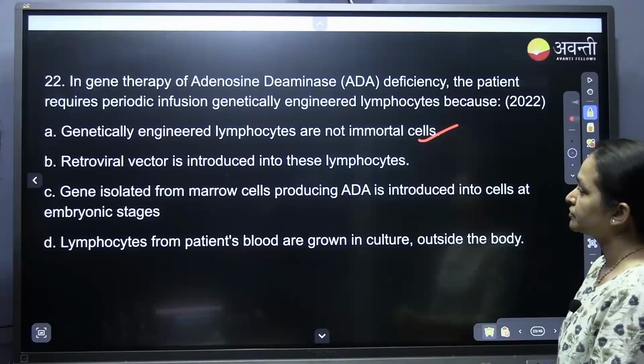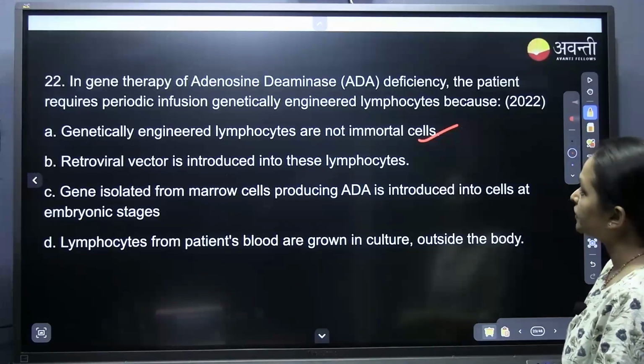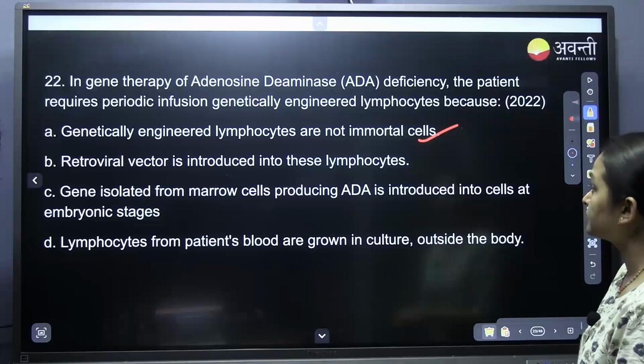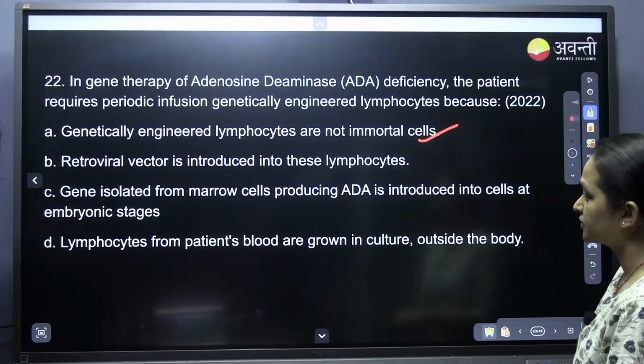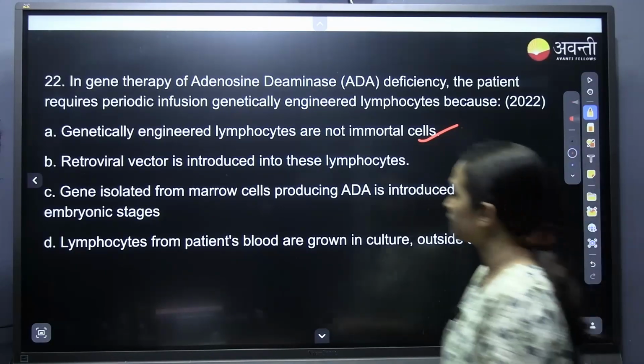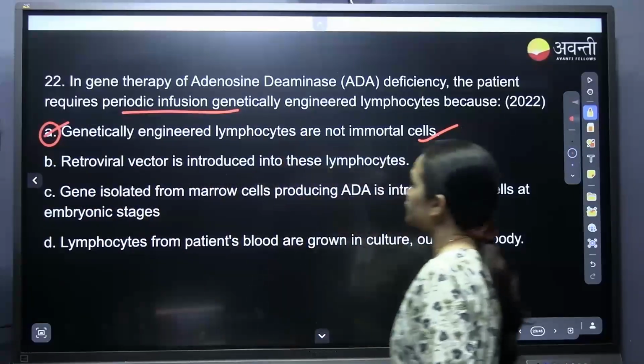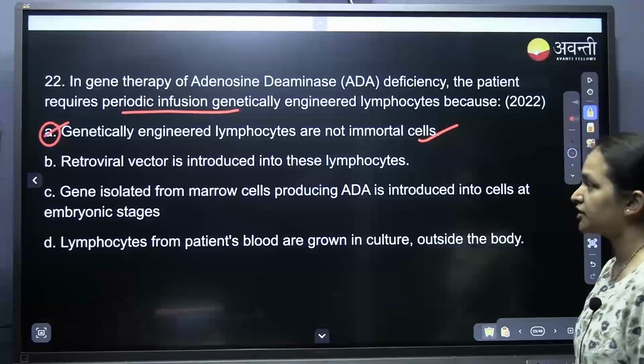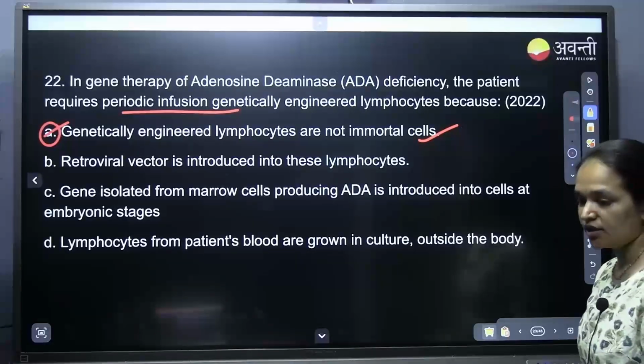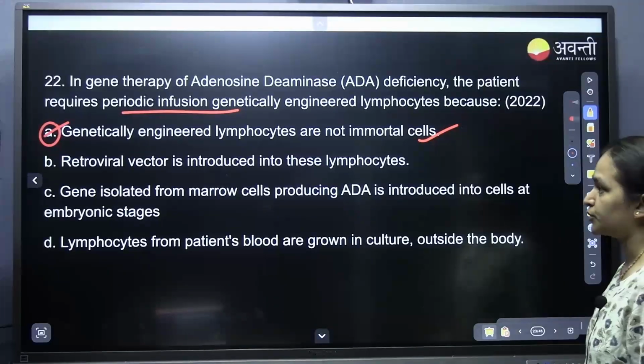True. We need to find the correct answer, and in the first statement itself we got it. They need to periodically infuse because the lymphocytes are not immortal cells.